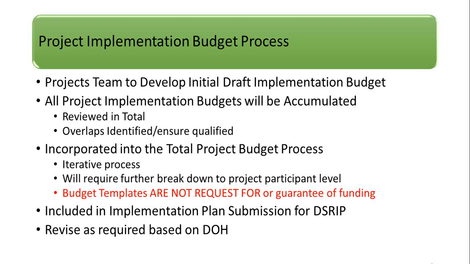And then the next step, step 3, is we'll be incorporating that into the total project budget process. And this is more like from the slide before, this is where we're saying, okay, we've got all these different project implementation budgets. Say, for example, for one project, all those come up to $4 million. Then we're going to be taking it and saying, okay, how much do we think we're going to need for admin, for performance pools?